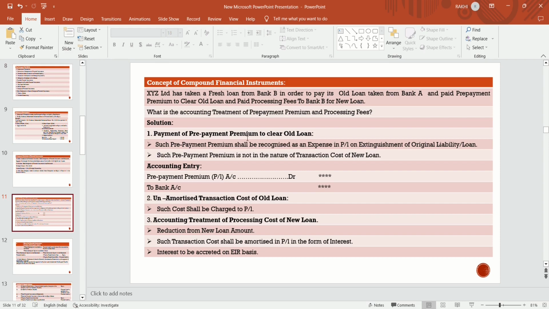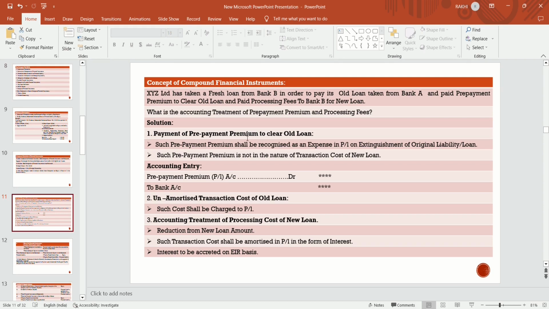So the prepayment premium, which is paid by the organization in order to clear the old loan, shall be recognized as an expense in the profit and loss account on extinguishment of the original loan or liability. In order to extinguish the old loan, they had paid some prepaid charges.